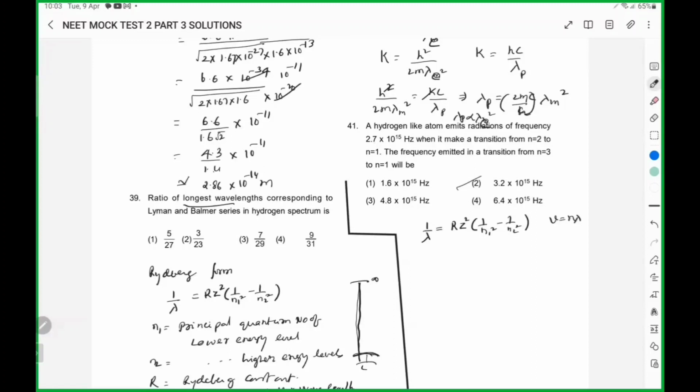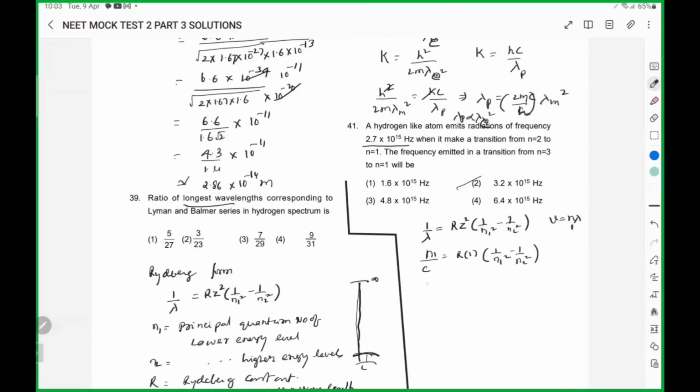Let us say the given frequency is n1. So I will write lambda as c by n1.